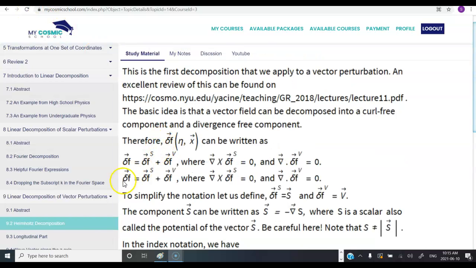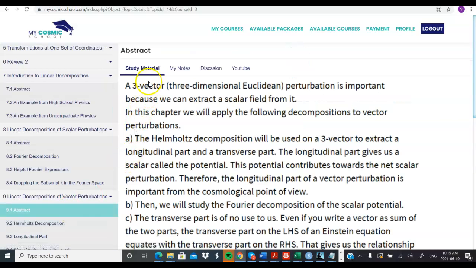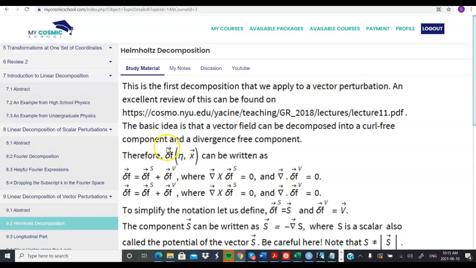One important thing is that the vector which we are decomposing is a 3-vector. This is not a 4-vector which we are decomposing. That's why we are putting a vector sign here, and I'm not putting alpha. Alpha is the Greek index which we use when we are talking of a 4-dimensional space-time vector, but this is not a 4-dimensional space-time vector. This is a perturbation, and we will see this when we look at the perturbations of the metric tensor.